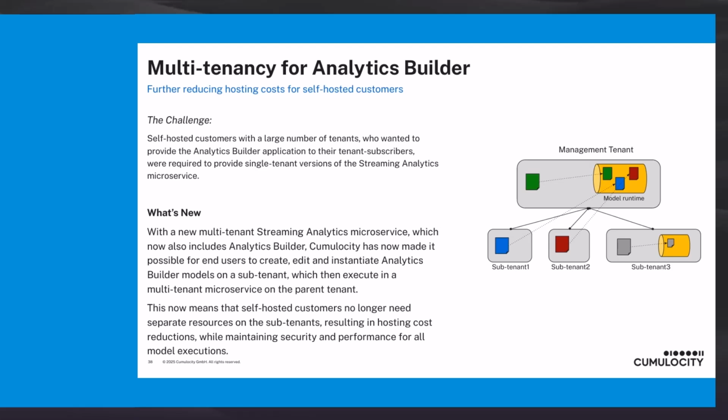Now, with the multi-tenant streaming analytics service, which now also includes Analytics Builder, this restriction has been lifted. So self-hosted customers no longer need to have separate resources on the subtenants, resulting in hosting cost reductions for them, while of course maintaining security and performance for all of the model executions.